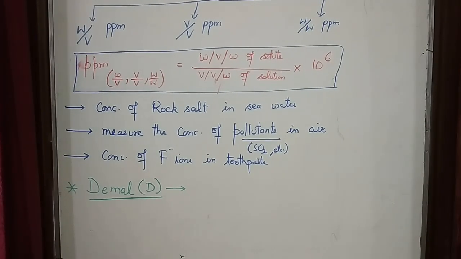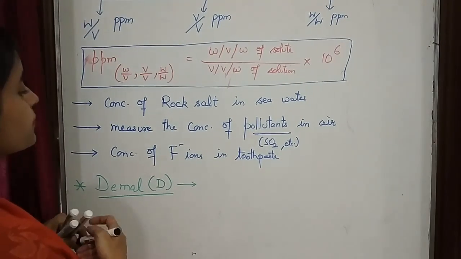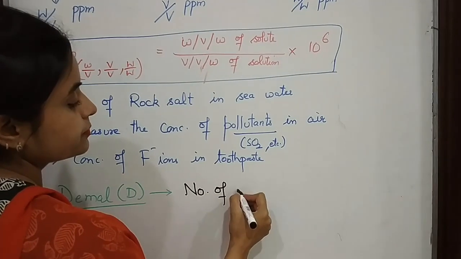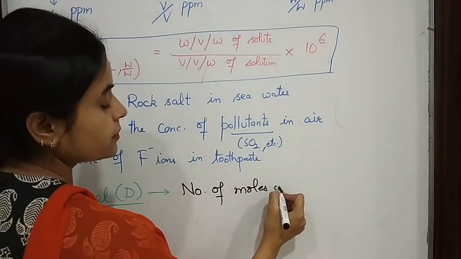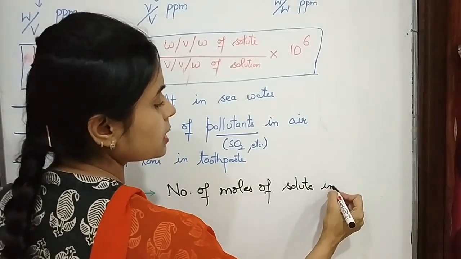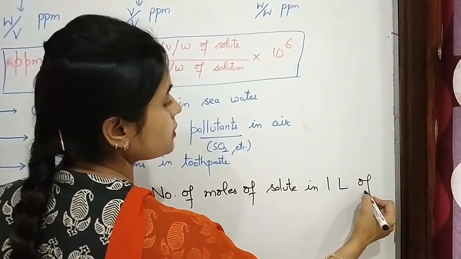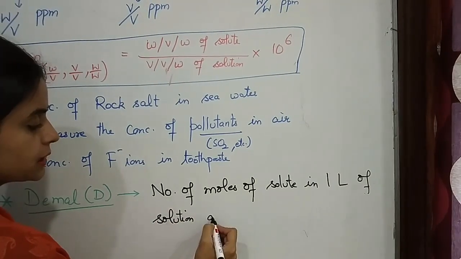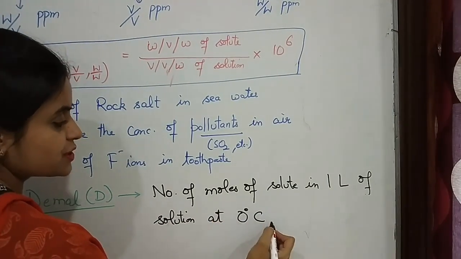So dmol means the number of moles of solute in 1 liter of solution at 0 degree Celsius.